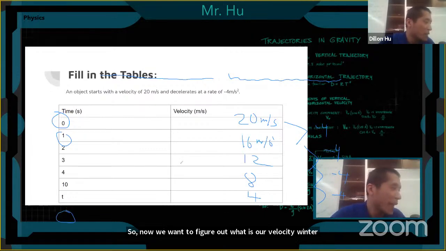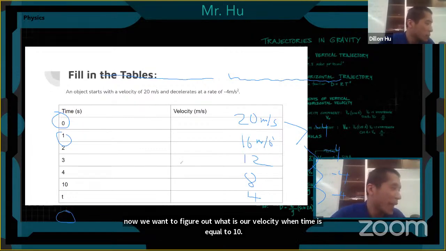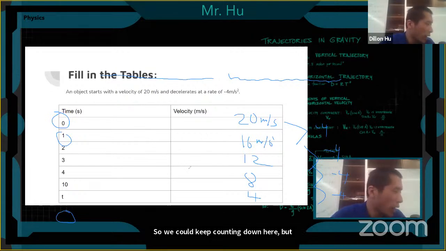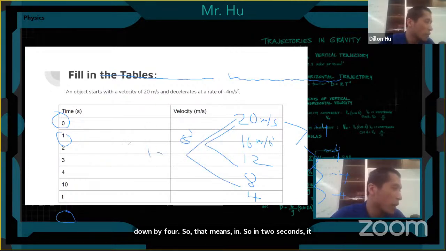We could keep counting down here, but that is probably not the most efficient way of doing this. Let's see if we can be more clever. What we know is that every second, our velocity goes down by 4. So in 2 seconds, it went down by 8. In 3 seconds, it went down by 12. In 4 seconds, it went down by 16.